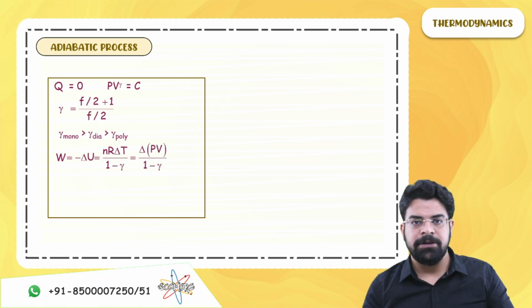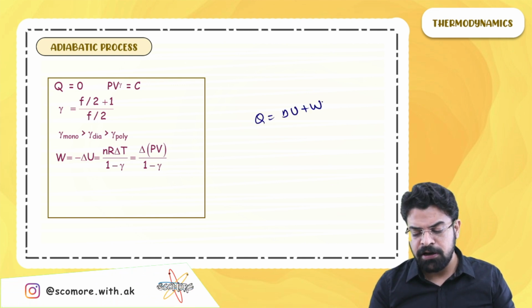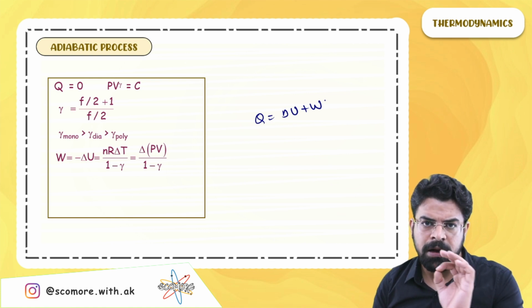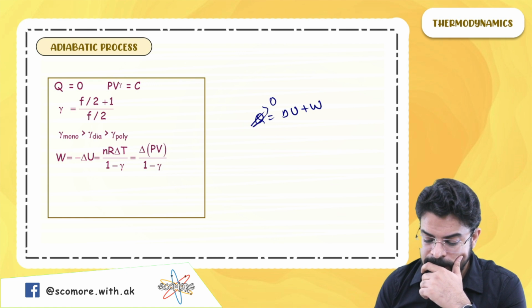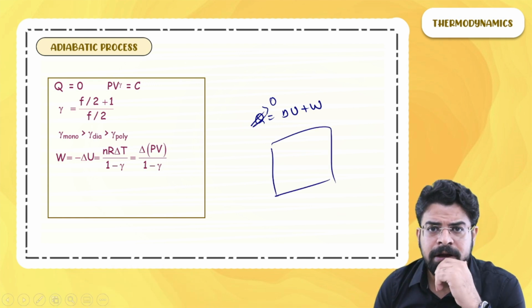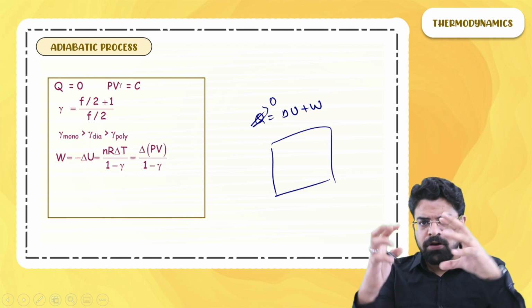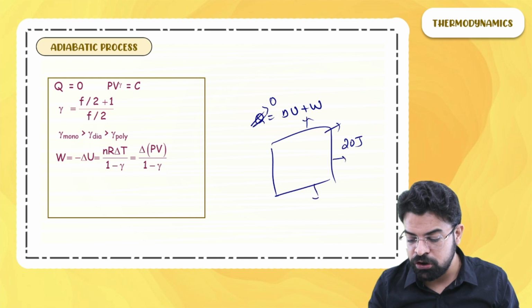Now the last statement, and which is really important. The heat given equals change in internal energy plus work done. Yes, sir. Now, for an adiabatic process, the heat given is 0. So if you have a gas and you are not at all providing it any heat, and let's say this gas does a work of 20 joule, it expands and does a work of 20 joule on the surrounding.